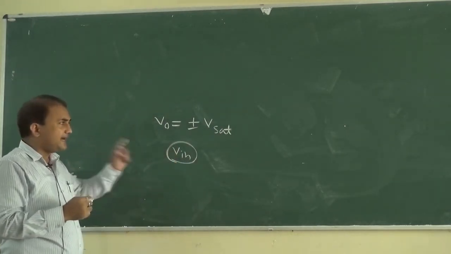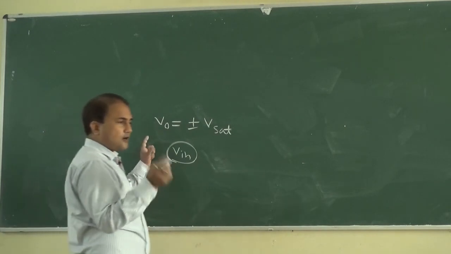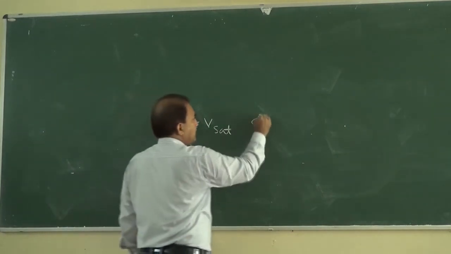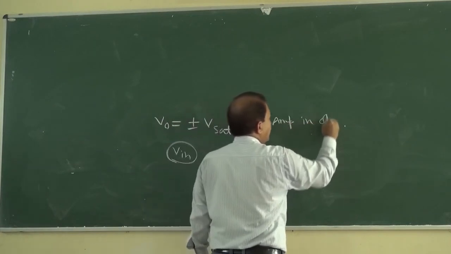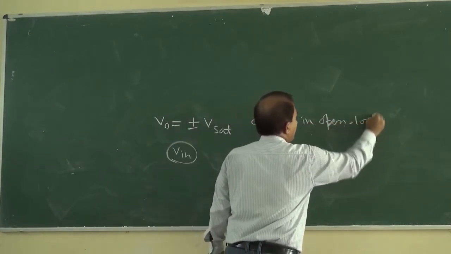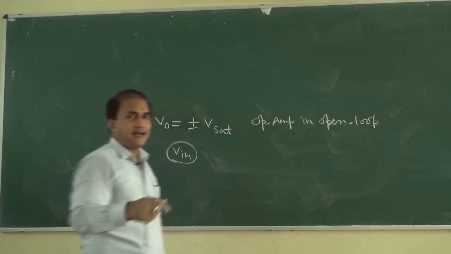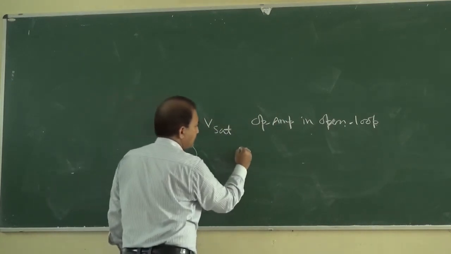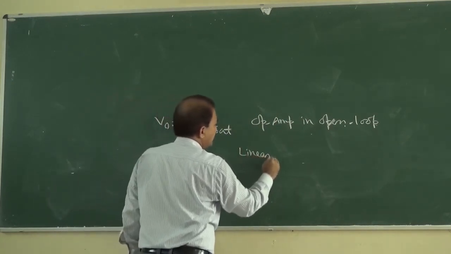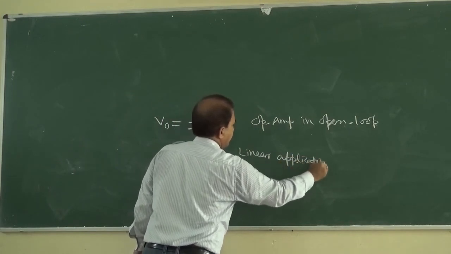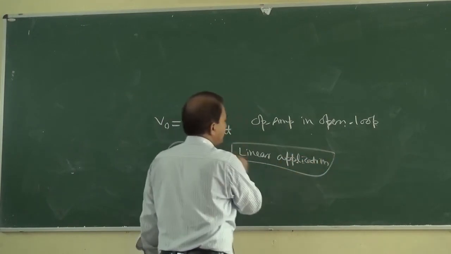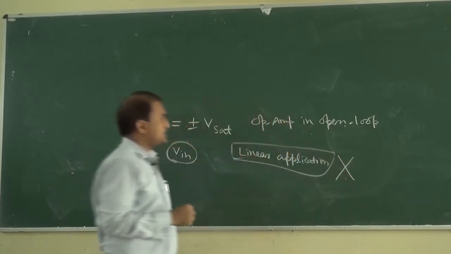So the operational amplifier in open loop configuration cannot be used for linear application.